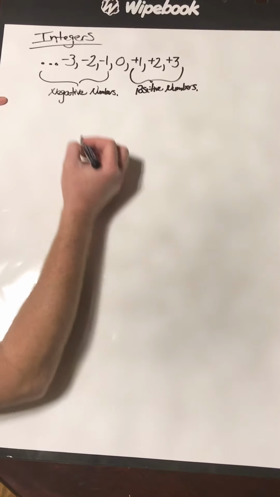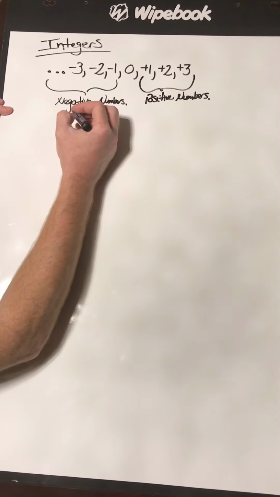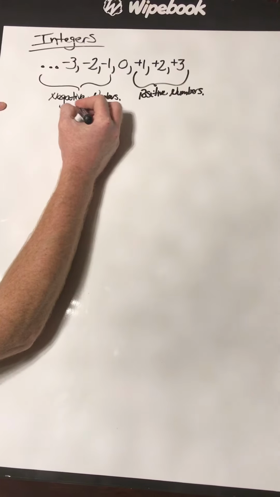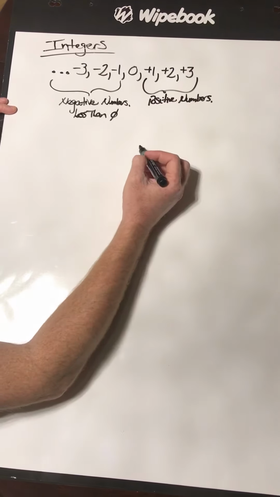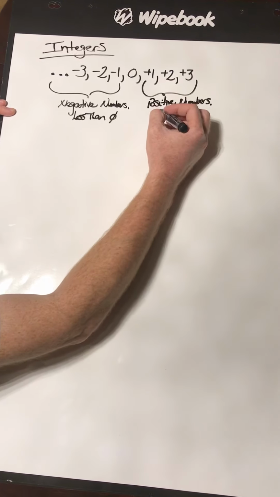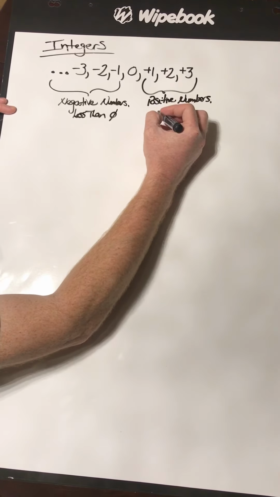Obviously the negative numbers are less than 0, and the positive numbers are greater than 0.